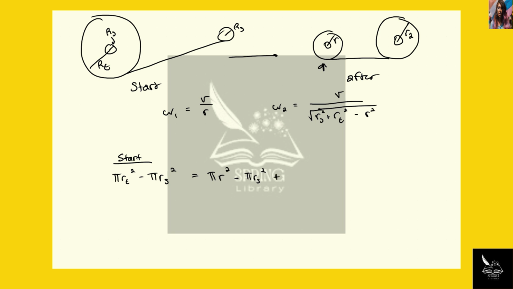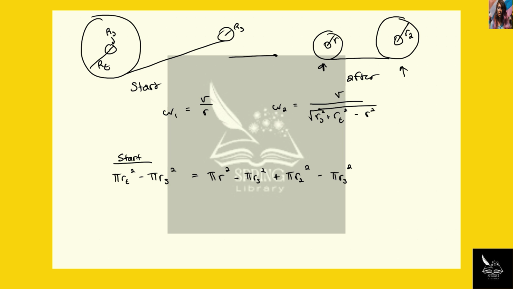And then some of that is going into here, but it's still not radius RT yet. There is still some tape on this spool specifically, so it can't be pi RT squared, it has to be pi R2 squared. And then there's still a spool, so you still have pi RS squared.